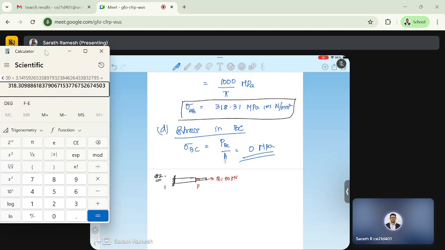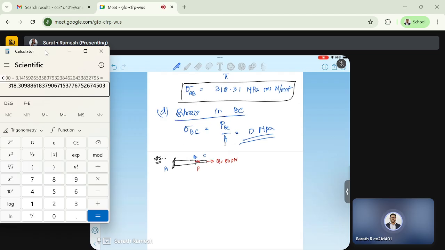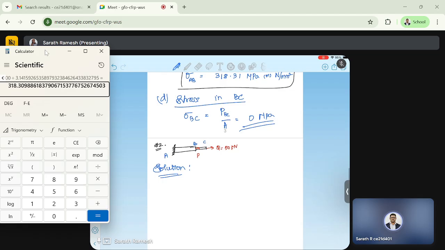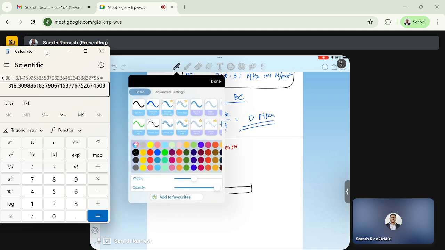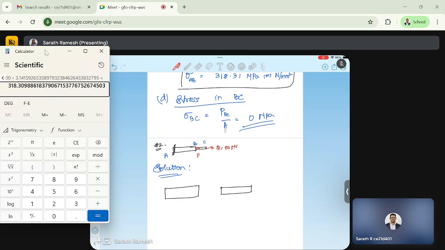So here when we take A, B, C, what is the first step? First step is drawing the free body diagram. So it will be like this. P here, and these are external forces. So I am writing directly.